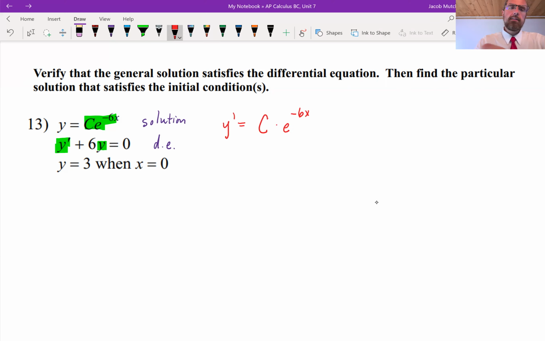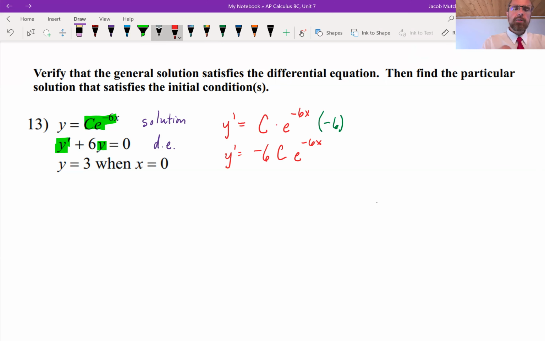But then I've got to take the derivative of the composed function negative 6x, and its derivative is going to be negative 6. So we do have to use the chain rule there. Simplifying, y prime is going to be negative 6c e to the power of negative 6x.